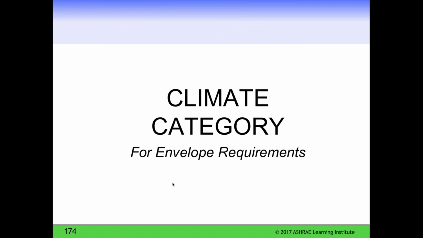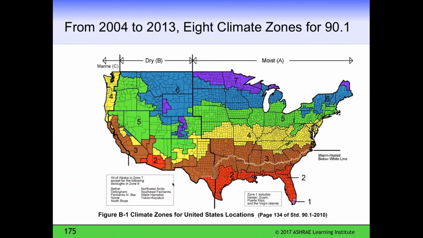So let's go to the climate category for the envelope requirements. Here's the map of the US showing the continental US, showing from 2004 to 2013 the 8 climate zones for 90.1, and you can track them.